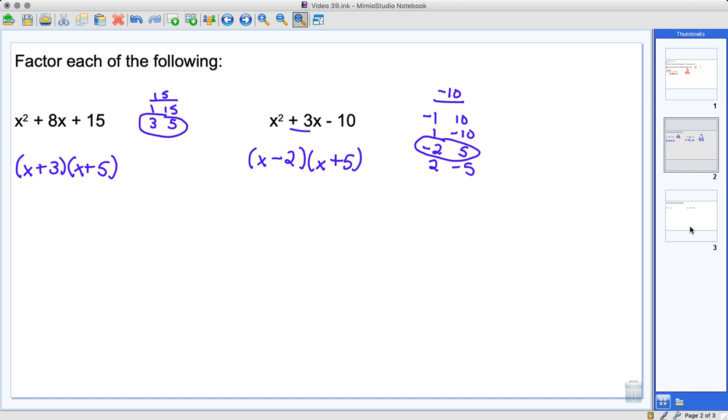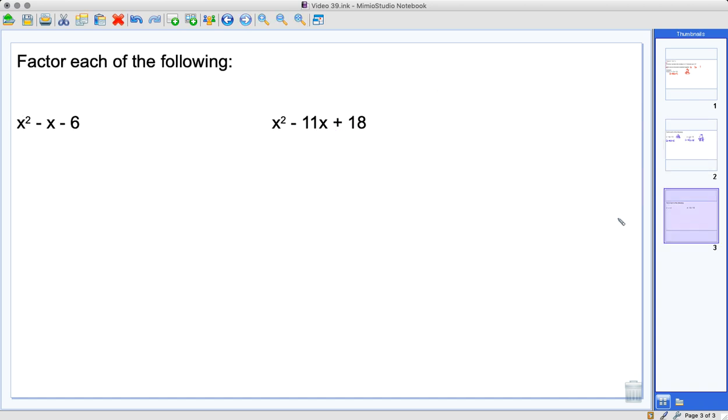Okay, so that's factoring. A couple more examples. Now we want factors of negative 6 that add up to negative 1, because there's no number written in front of it. Remember, there's a 1 there. So negative 6 is negative 1 and 6, 1 and negative 6, negative 2 and 3, 2 and negative 3.